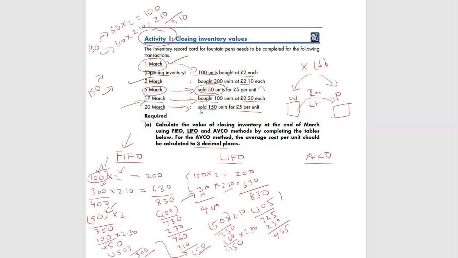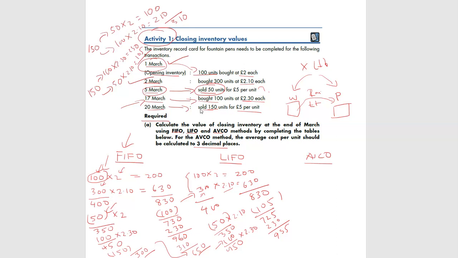So remember I'm going to take the latest one. The last in is 100 unit, so I'm going to use the whole 100. So last in 100 at 2.30 is 230, and another 50 I need, which I'm going to take from that 300. So 50 times 2.10 is 105.